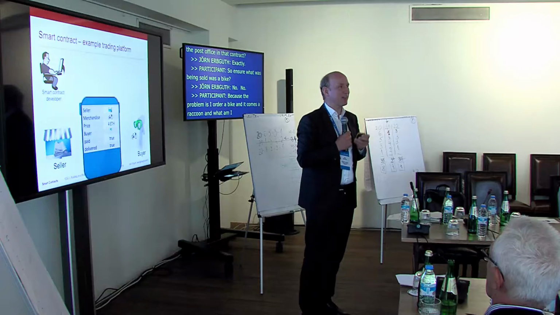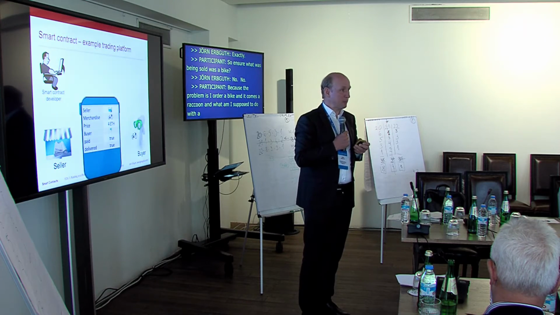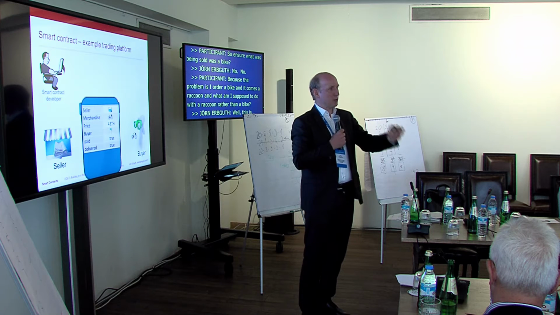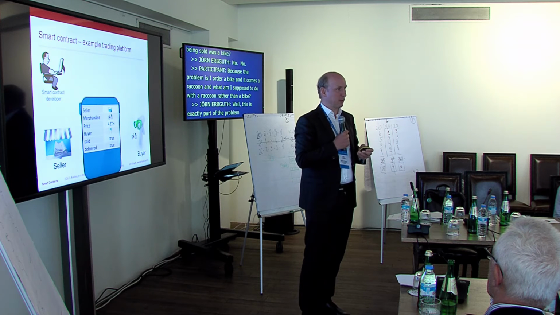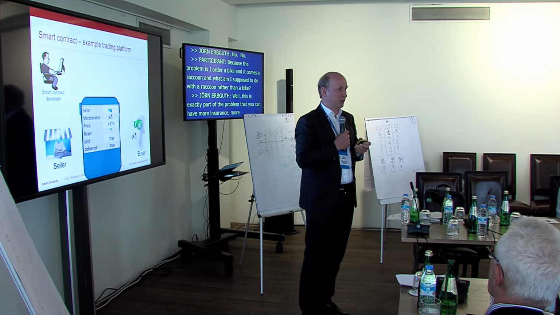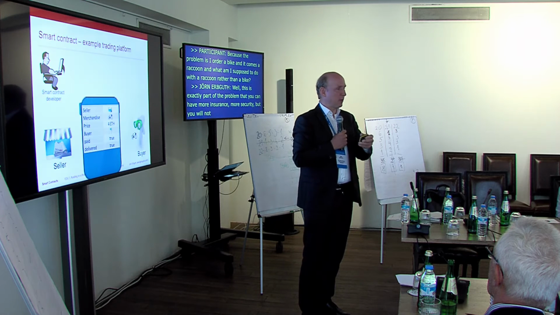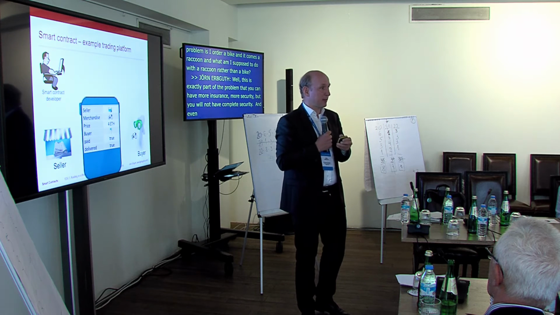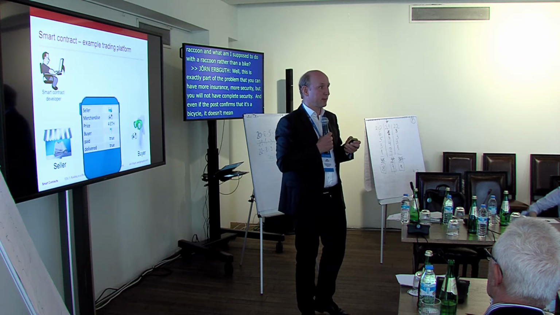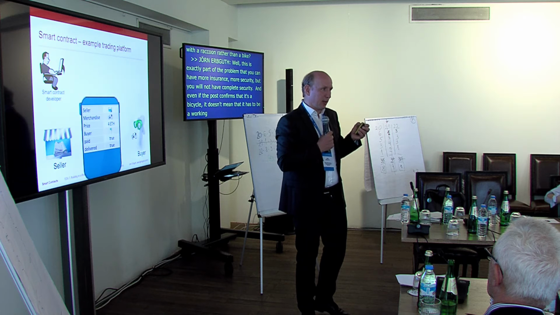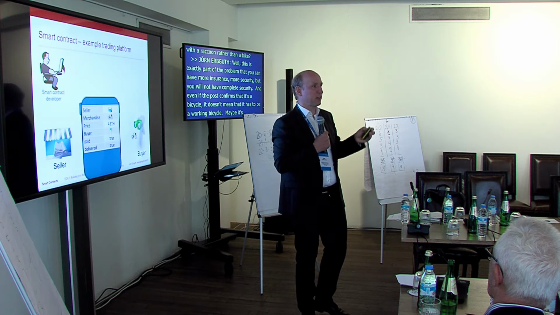No. Because no, the problem is I order a bike and it comes a raccoon, and what I'm supposed to do with a raccoon instead of a bike? Well, this is exactly part of the problem, that you can have more insurance, more security, but you will not have complete security. And even if the post confirms that it's a bicycle, it doesn't mean that it has to be a working bicycle. Maybe it's defective. So you always have some issues that remain.